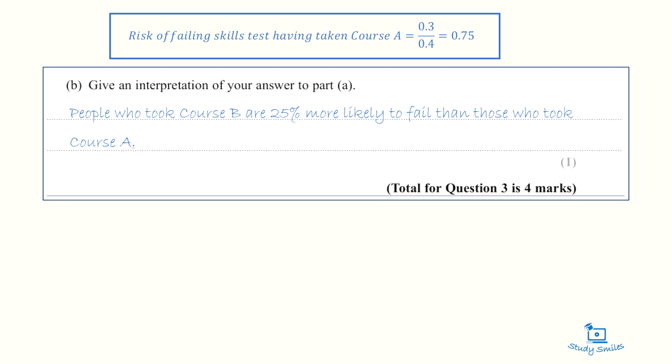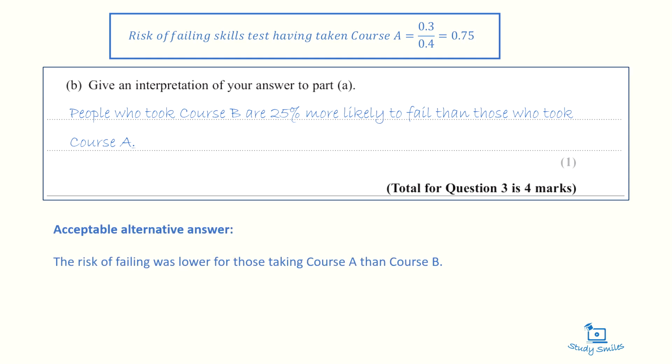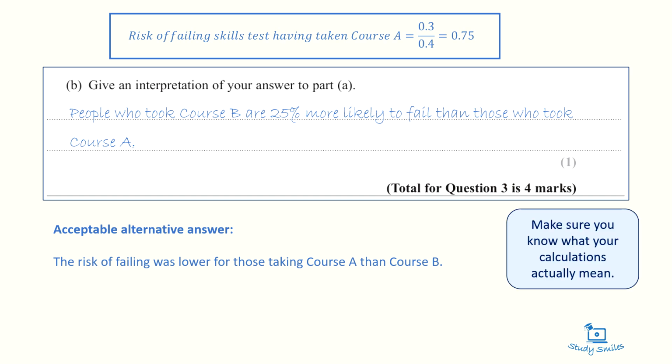This means people who took Course B are 25% more likely to fail than those who took Course A. Alternatively, you could have written that the risk of failing was lower for those taking Course A than Course B. It's important that you understand what your calculations actually mean and can explain this in context. And that would give us the full marks for this question in the exam.